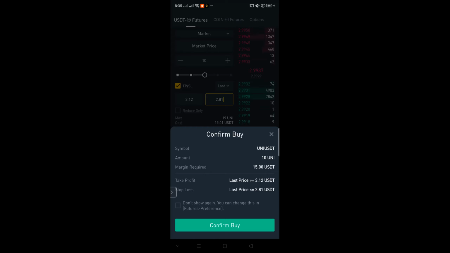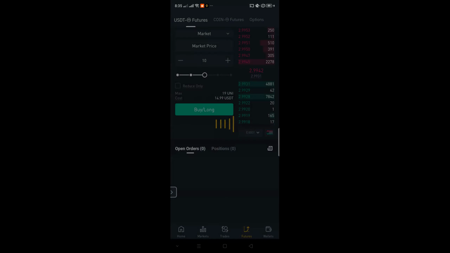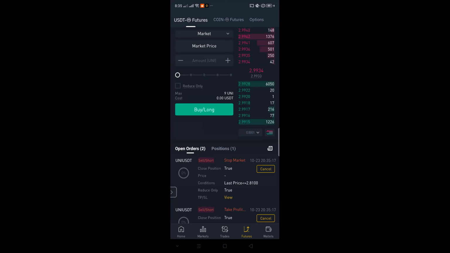But if I use cross, it will go into the entire money and wipe it off. But because I'm using 15, I click on confirm buy. So what you see now, it said successful.